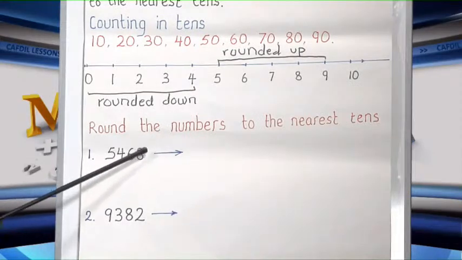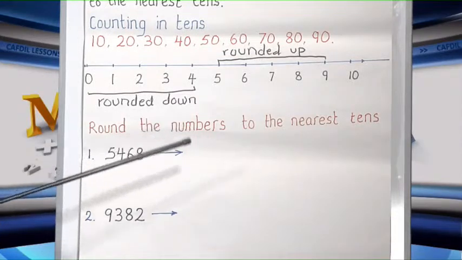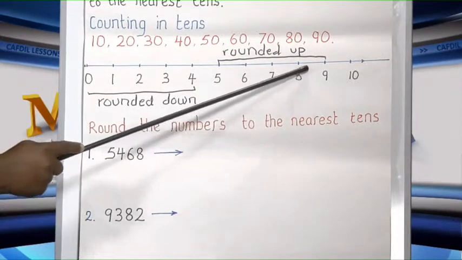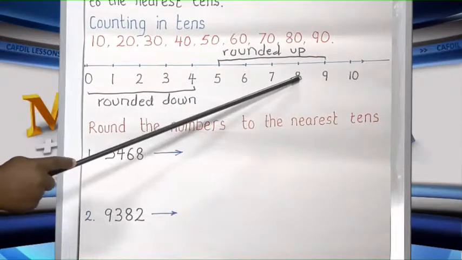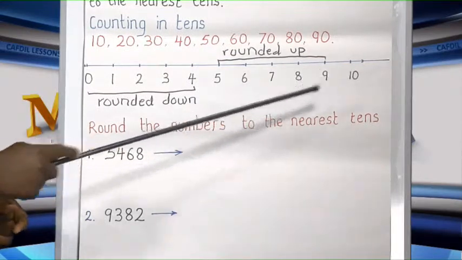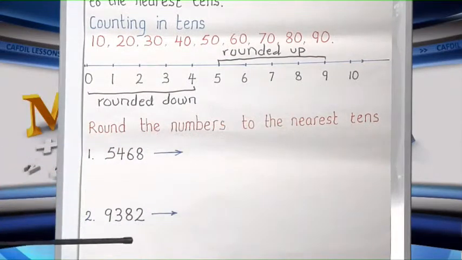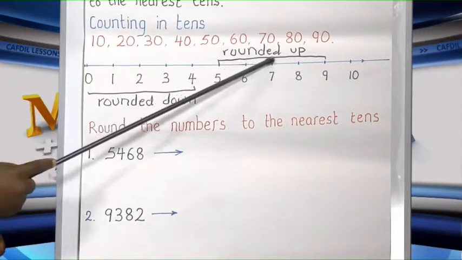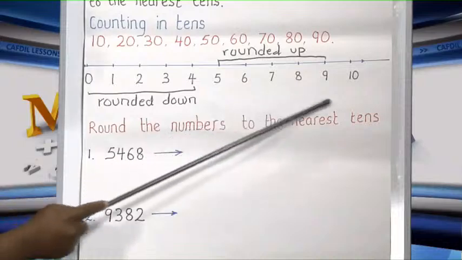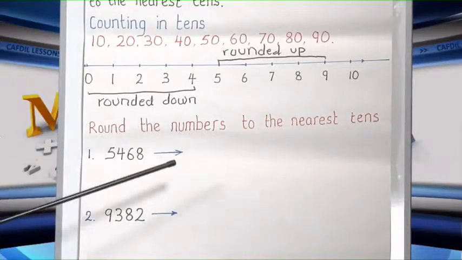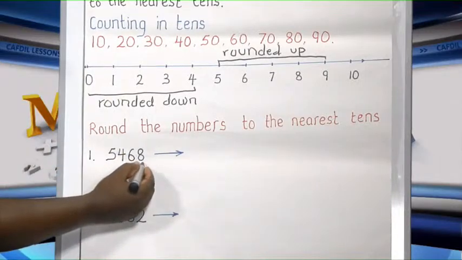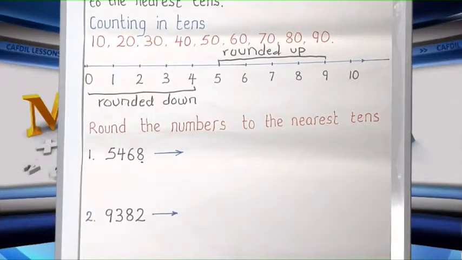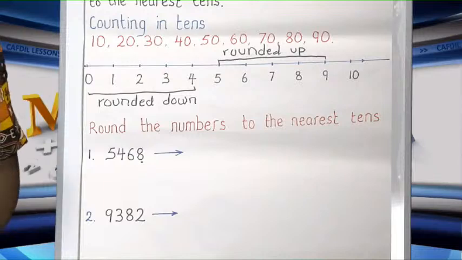Let's look at it. Where can we locate 8? On our number line. The 8 is here. So is 8 closer to 10? Good. We said numbers starting from here to this place are closer to 10. So when we are considering the ones, which is 8 ones here, we can see that it's closer to 10.